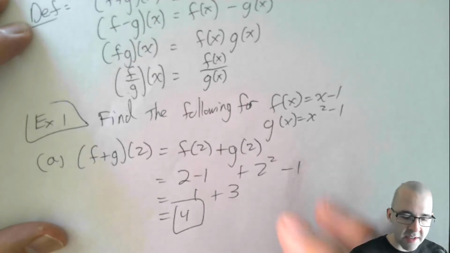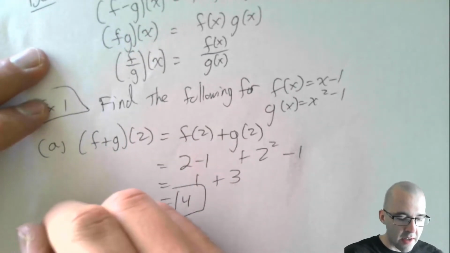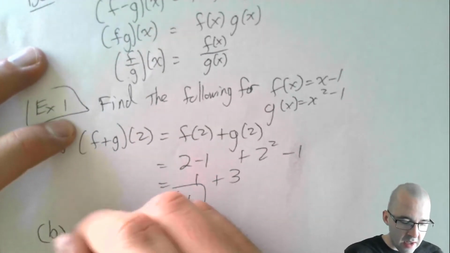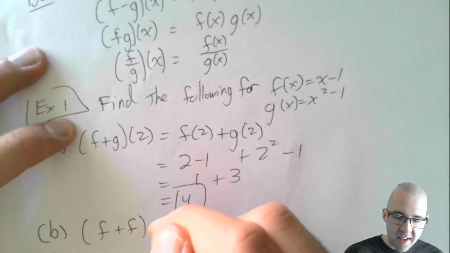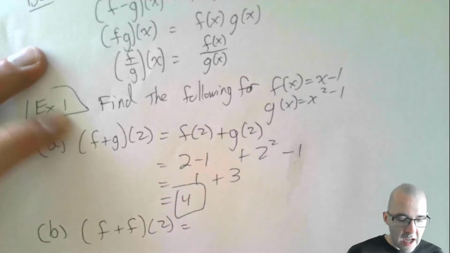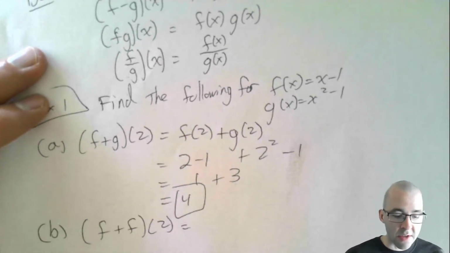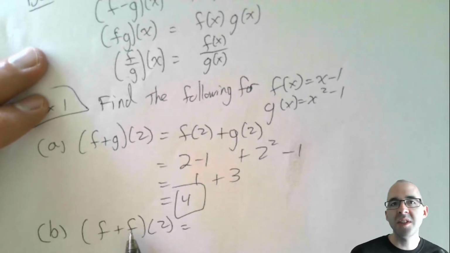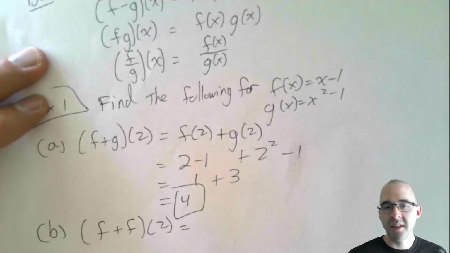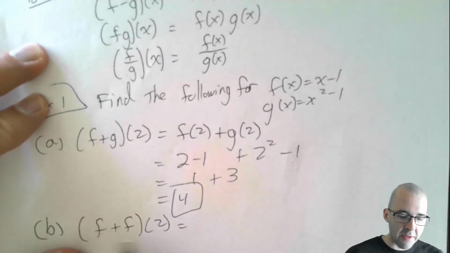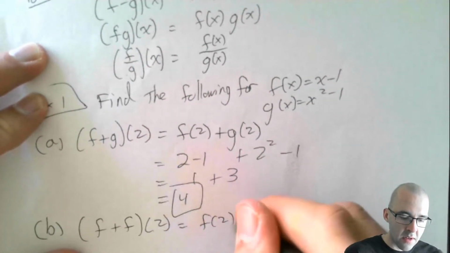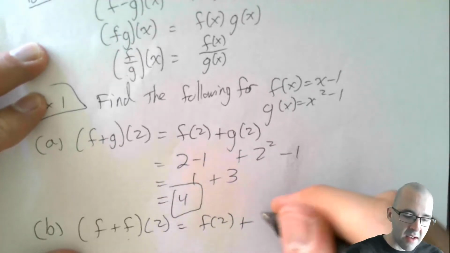We can do more of these just to really show what's going on. For example, we could do something a little sillier: f plus f of 2. In the definition, these don't have to be different functions. It could be g plus g of 2, or f plus f plus f plus f of 2. It can be anything, but the definition still holds. It's going to be the first thing evaluated at 2 plus the second thing evaluated at 2.